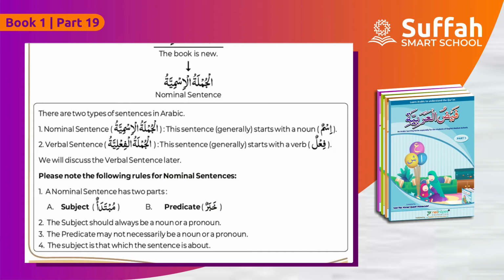One is India, which is that which you are speaking about, and "is a country" is that which you are speaking about India. Whatever you speak about the subject is called the predicate, and whatever you speak about in a sentence is called the subject. I think all of you are clear.